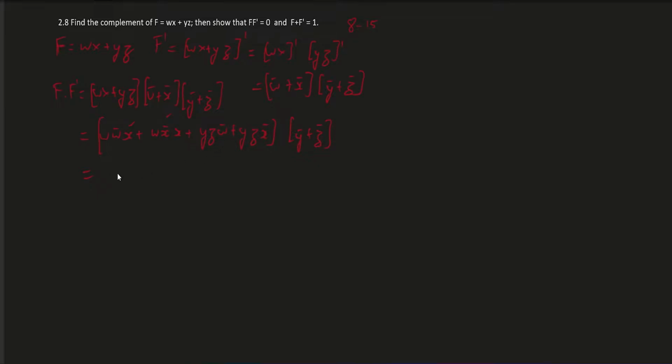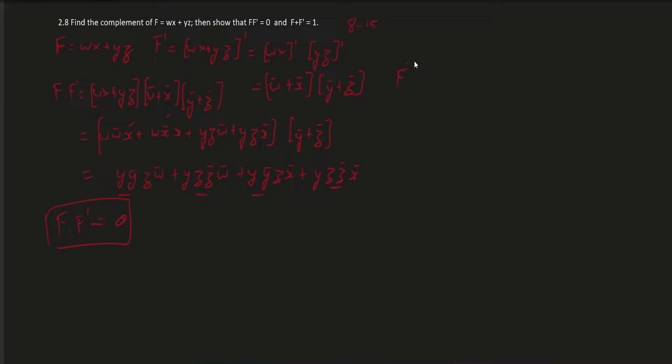Then if we multiply this, y bar z w bar plus y z z bar w bar plus y bar z x bar plus y z z bar x bar. So y bar 0, z bar 0, again y bar 0 and z bar 0. So everything will be 0. So we have proved that.